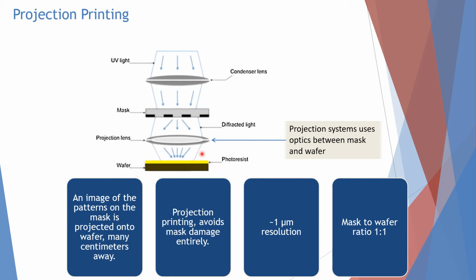Okay, so this one is placed many centimeters away from the wafer here. Projection printing avoids mask damage entirely, and the resolution can go up to 1 micrometer, and the mask to wafer ratio is around 1 to 1 also.